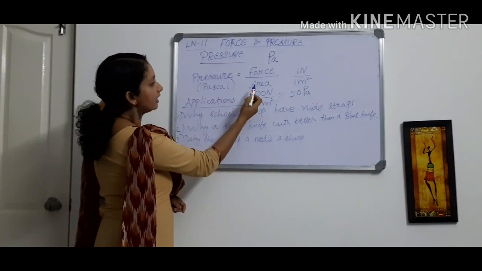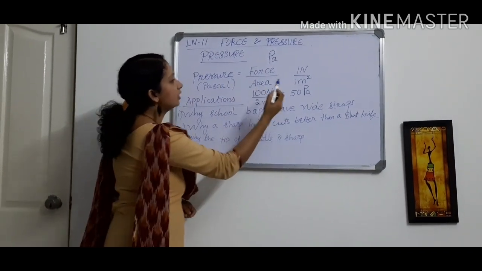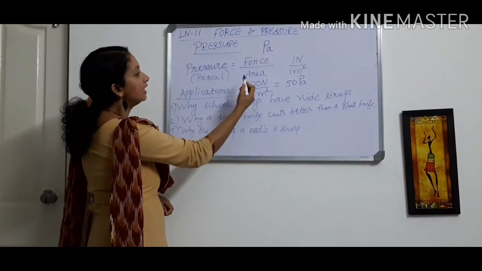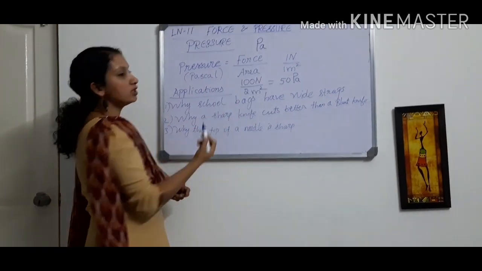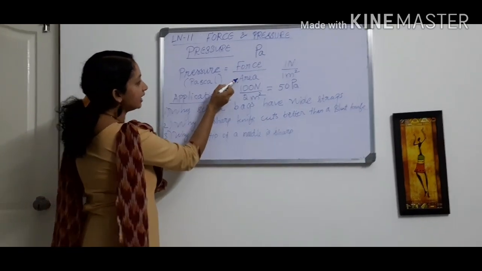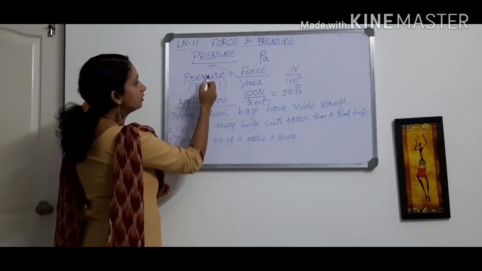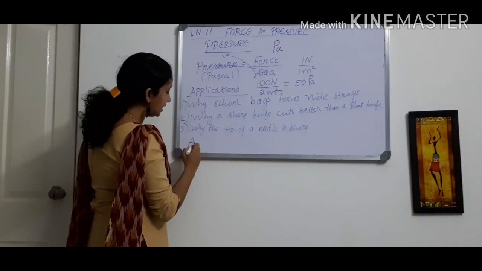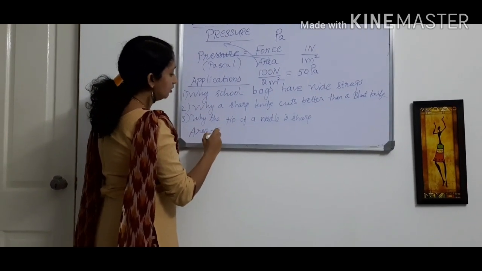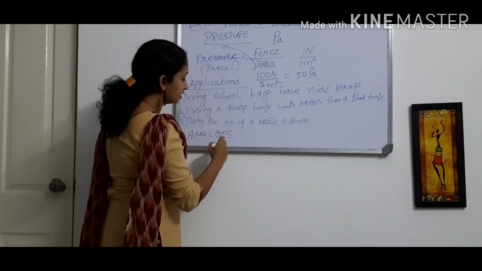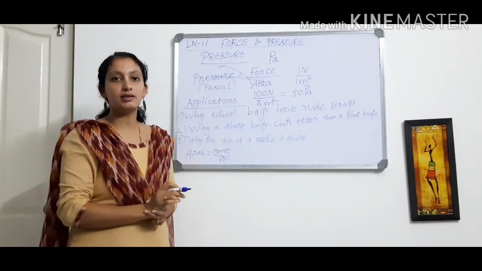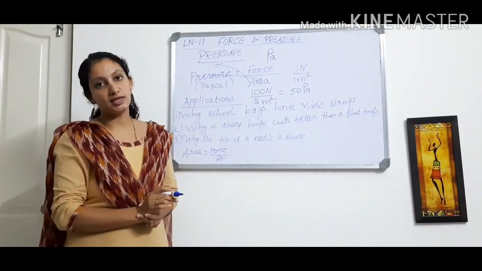If you need to find the area when pressure and force are given, just take area up, pressure down. That is, area is equal to force by pressure. Like this you can interchange the formulas and use them in numericals.